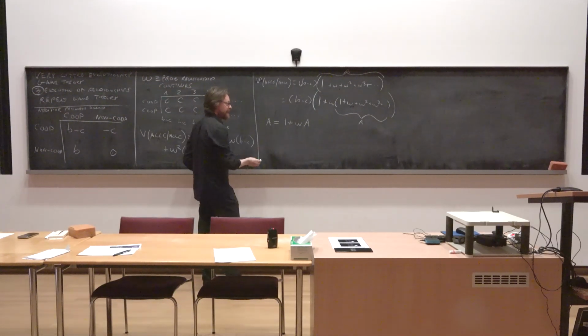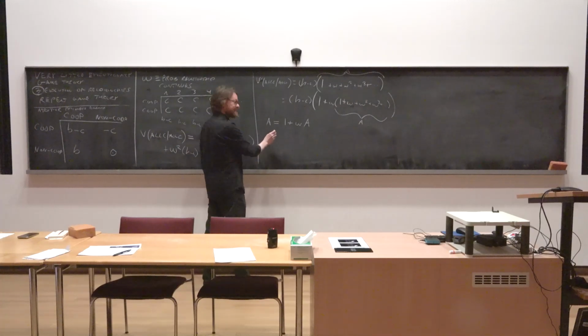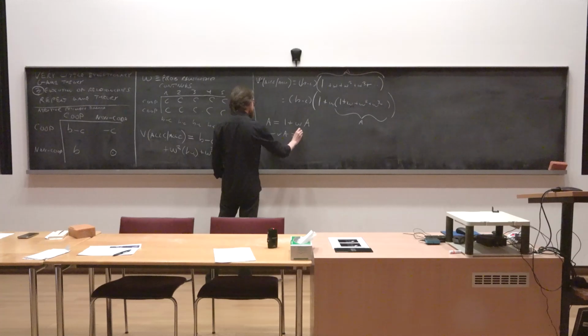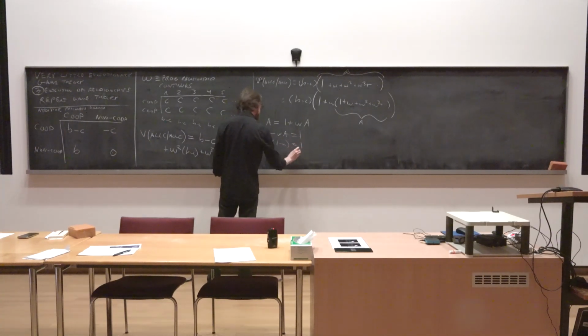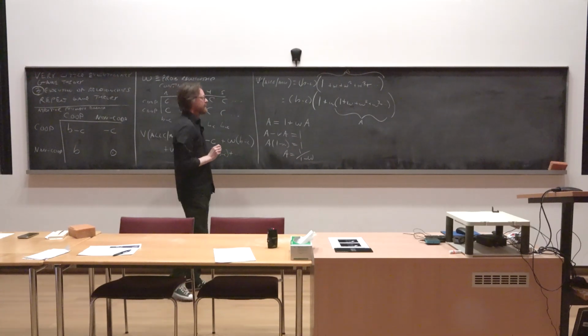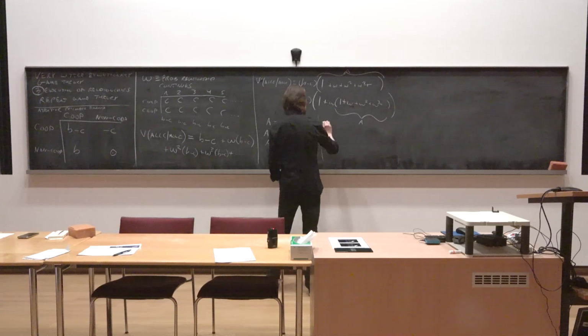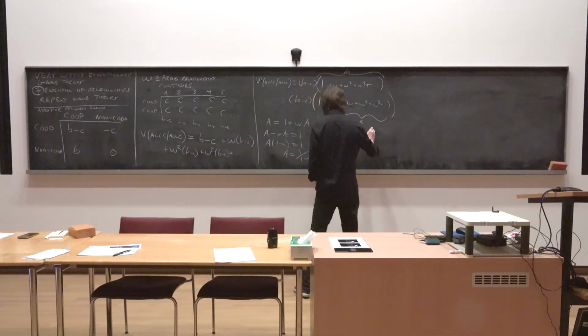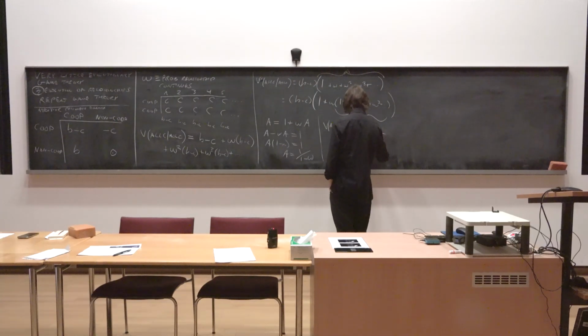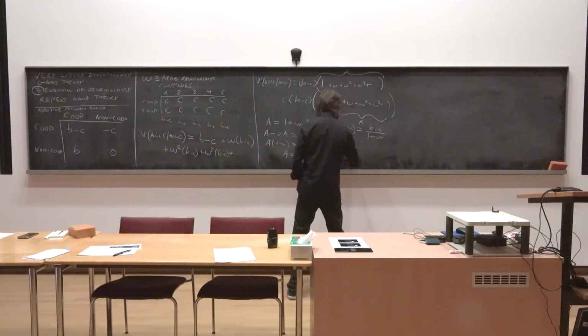So now we just solve for A, right? That's all we've got to do. So A minus WA equals 1. A times (1 minus W) equals 1. And A is 1 over 1 minus W. And so that means the payoff, all C paired with all C, is (B minus C) over (1 minus W).